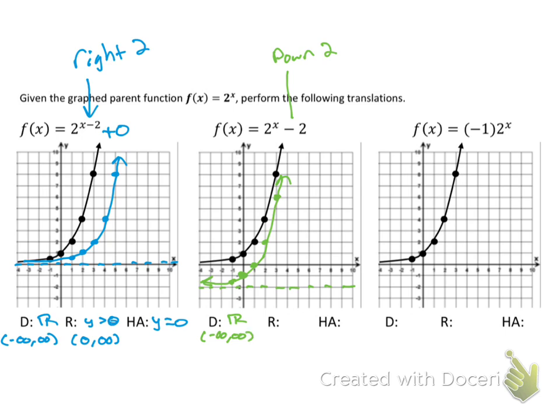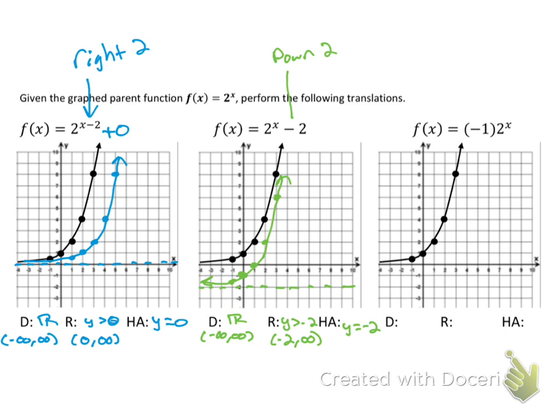Yes, it does. What is our range now? All y values greater than negative 2, so negative 2 to infinity. What would our horizontal asymptote be now? y equals negative 2.